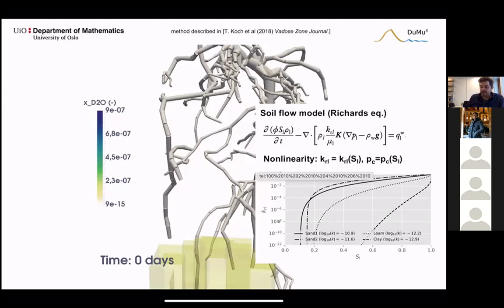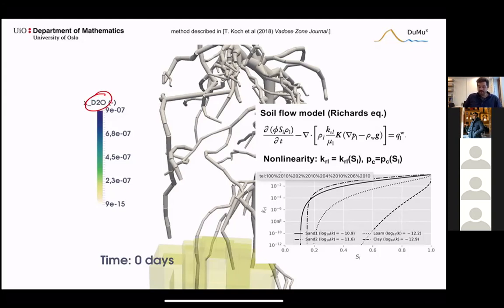And then they look at where does the tracer end up. Maybe they use a tracer that doesn't enter the root, so it will accumulate at the root surface, or they use a tracer that goes inside the root, but maybe not at the same rate as water does. So this might be the case, for example, for this deuterium here.